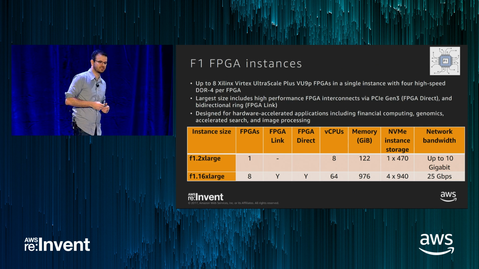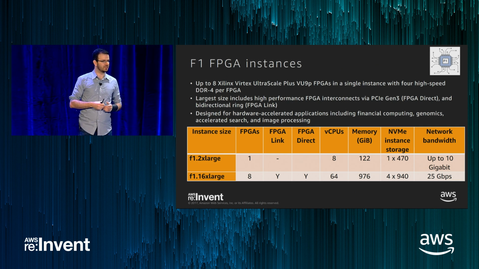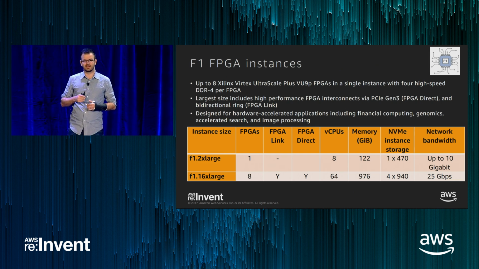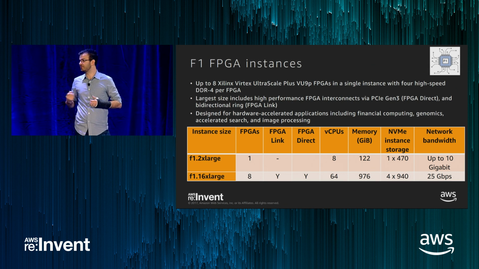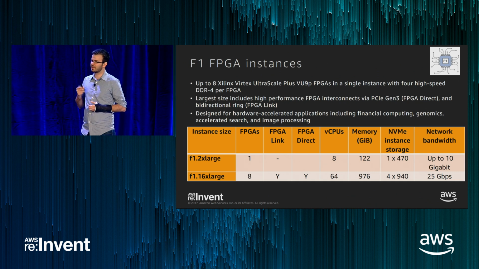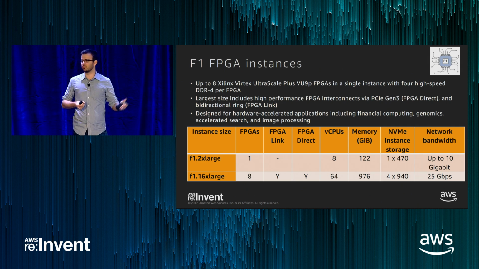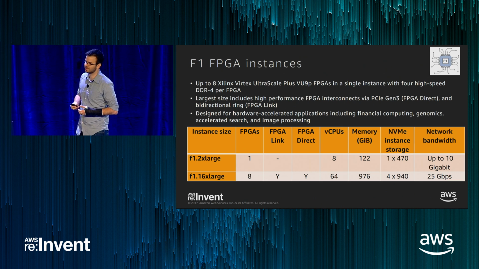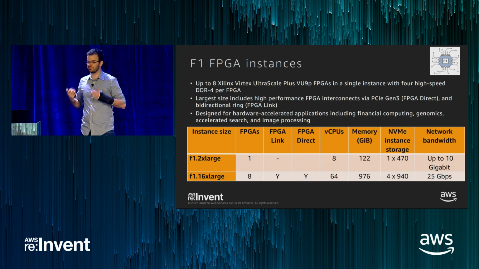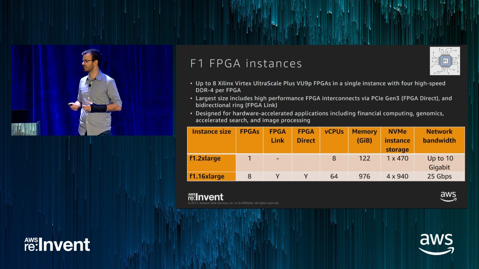And the next instance that is relatively new and really unique to AWS is the F1 instances. So these are FPGA instances. And I really like these instances because getting an FPGA used to be a really complicated process. To get one, you had to source the board from someplace. You had to source the FPGA itself from someplace else. And it was a really painful process that usually only specialized people or specialized businesses started using.